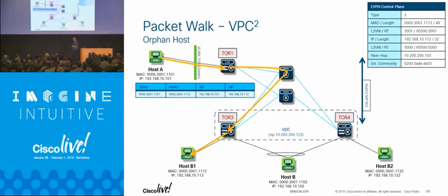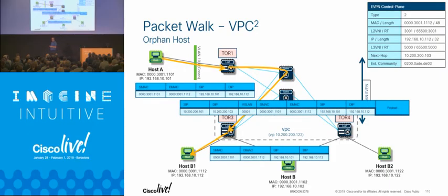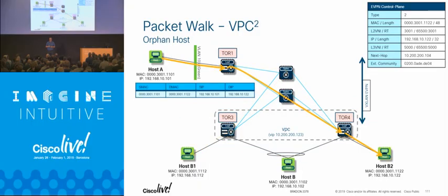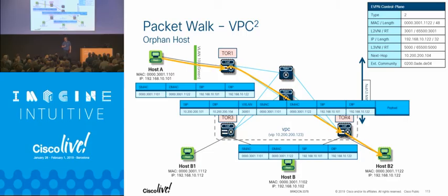And similarly, sorry, let me go one forward. Similarly, when I want to go to B2, which would be behind Tor 4, or IP address 104, it will go directly. This clicker, I think my batteries are dying. Similarly, it's going right away to Tor 4, where host B2 is attached.